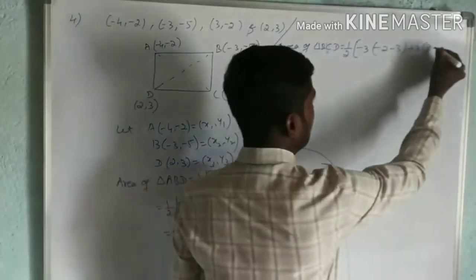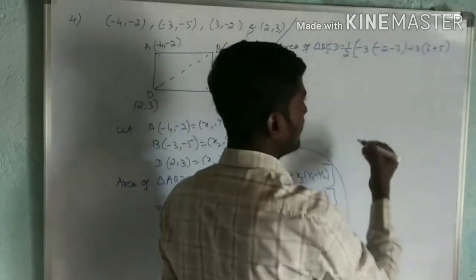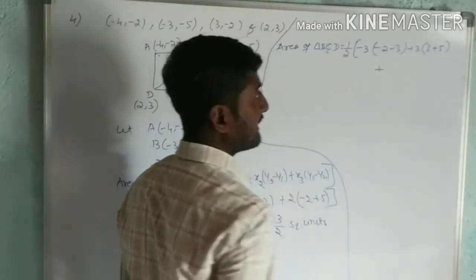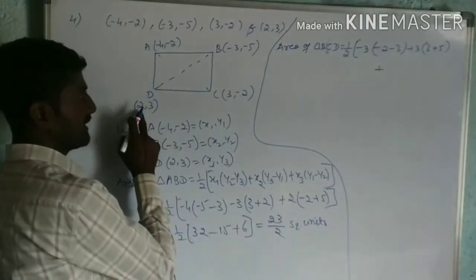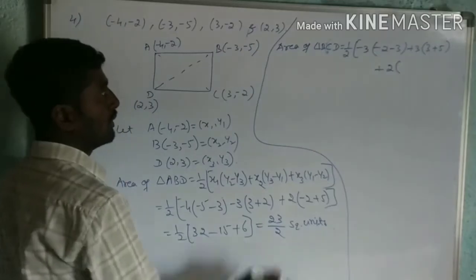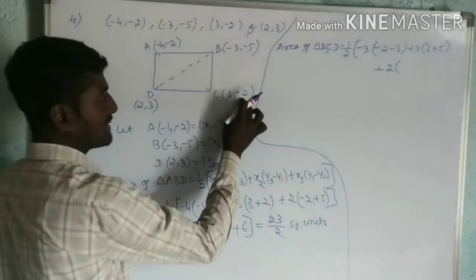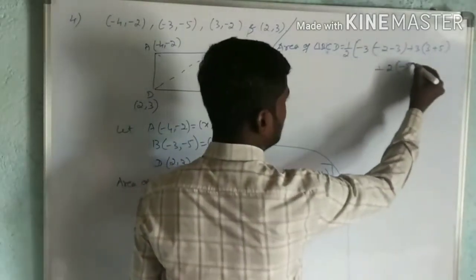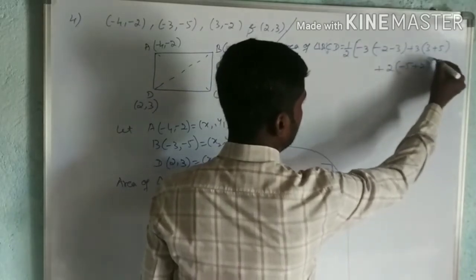Minus into minus plus 5. Okay. Now plus x3, x3 is here 2, into y1 minus y2. So minus 5 minus into minus plus 2. Minus 5 plus 2.